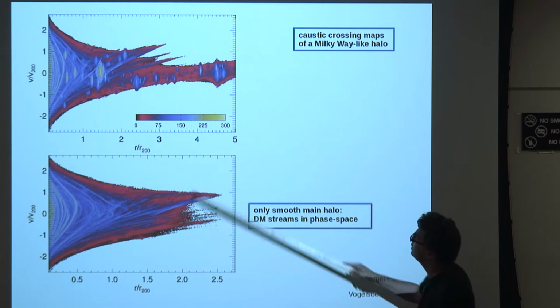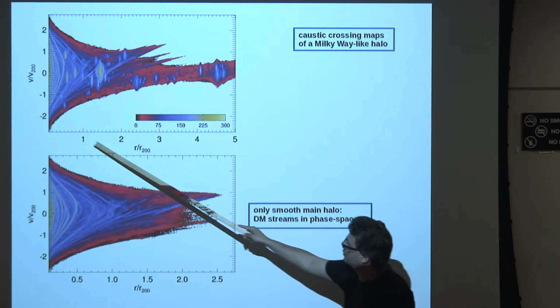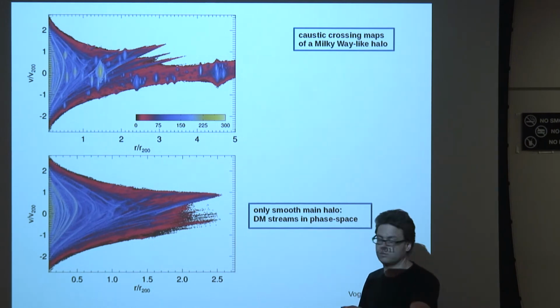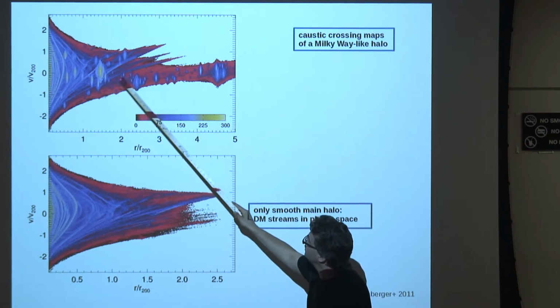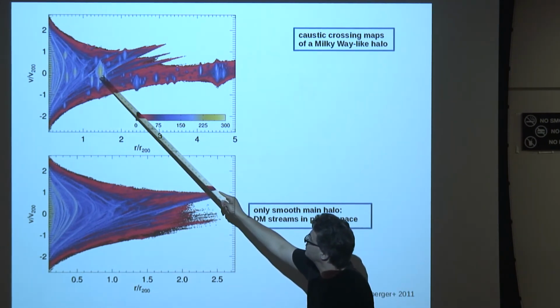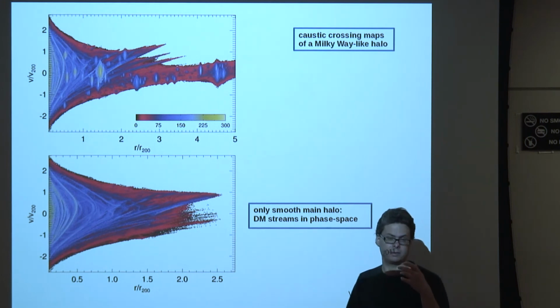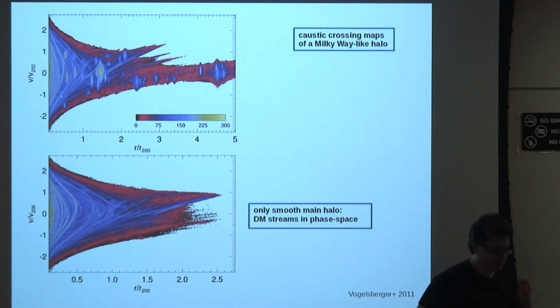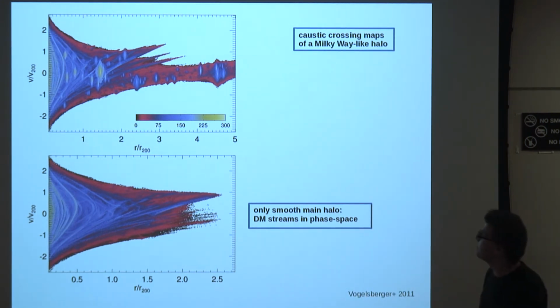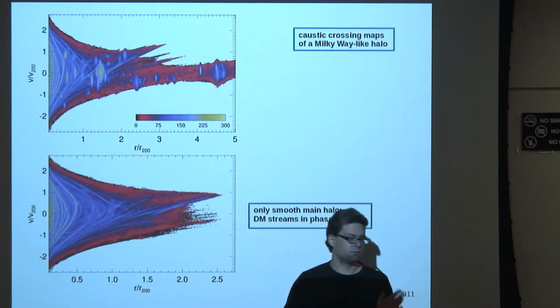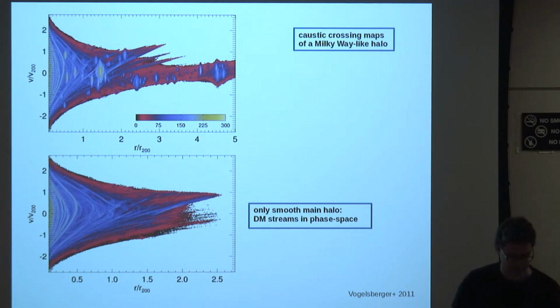If you look at the upper picture, it shows as a function of radius and velocity, projecting the 6D phase space into a 2D phase space, the distribution here. You see these yellow regions. These are subhalos where the particles had a lot of time, so the dynamical timescale is rather short at these centers, so they underwent a lot of caustics. They clearly stand out here, and you can also see at the center this yellow color, because the timescales are very short there too, so they underwent a lot of caustics.